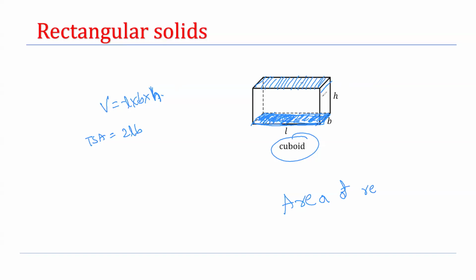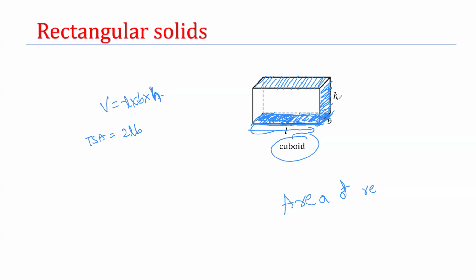What about this surface? Length into breadth, sir. Side into side, sir. What is one side? One is breadth and one is height, sir. Length is this side. This is length. Okay, sir. Understood. Now what is the area of this side?